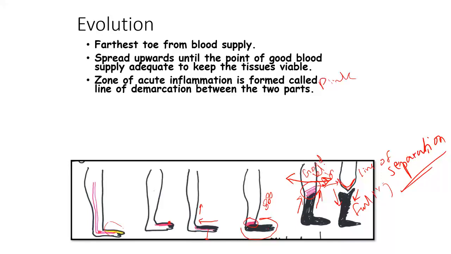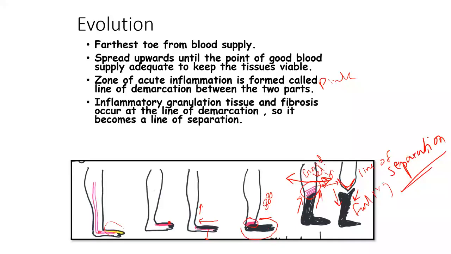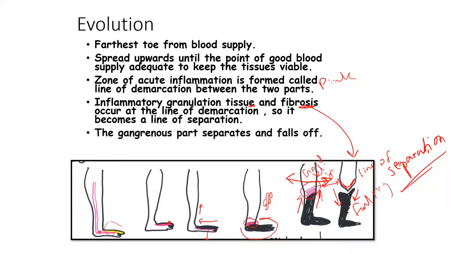This zone of acute inflammation transforms into inflammatory granulation tissue, followed by fibrosis occurring at the line of demarcation. So it will be transformed into a line of separation, in which the gangrenous part separates and falls off from the healthy part.